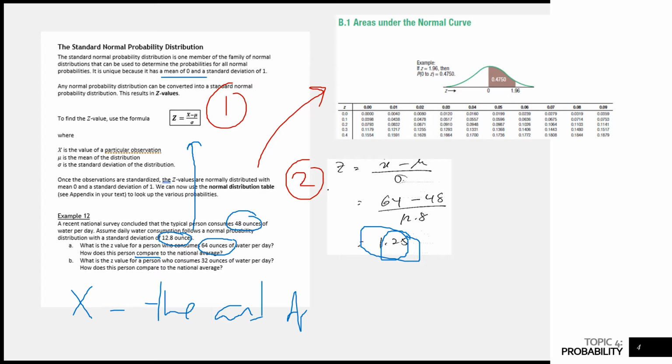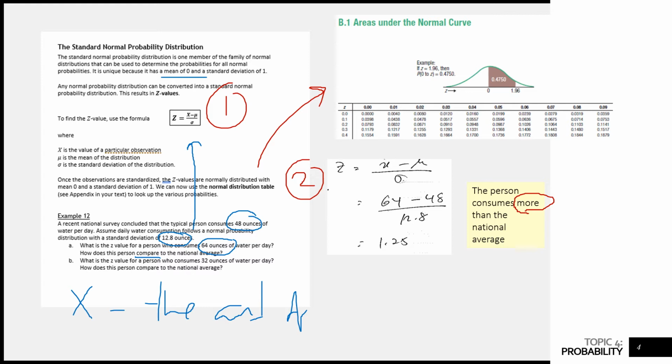So 48 minus 48 is 0, over the standard deviation, you get 0. So in other words, you need to compare 1.25 with 0. How do you compare? The person consumes more than the national average. Why more? Because 1.25 is more than 0. Very simple.